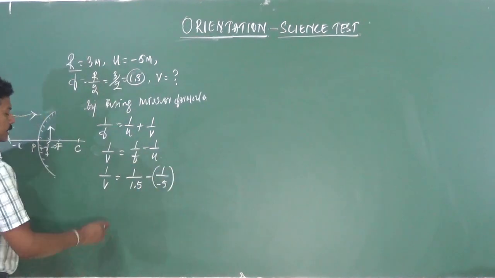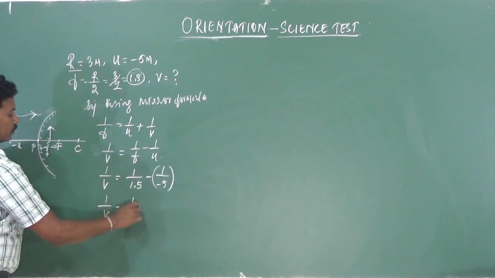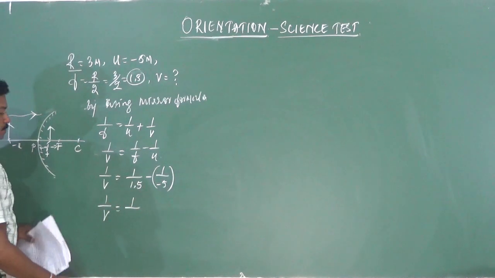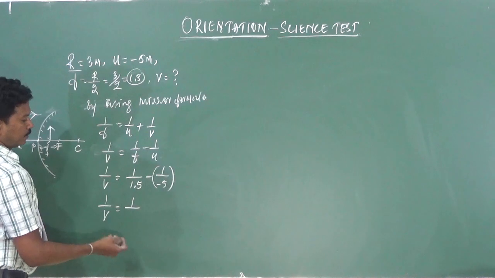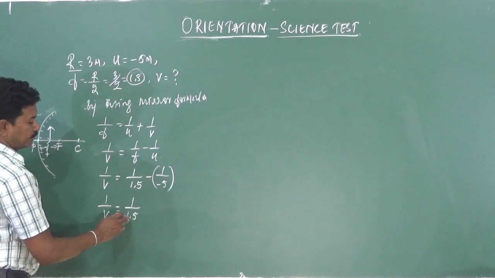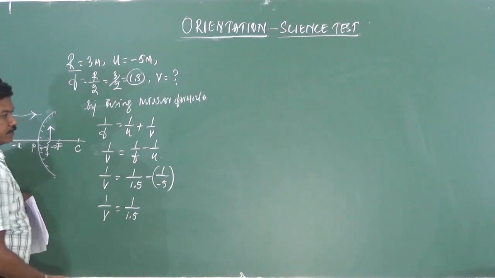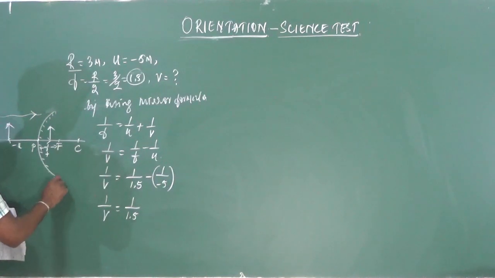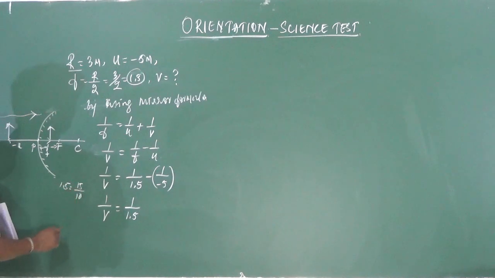So keep it inside brackets. So 1 by v is equal to 1 by 1.5, and 1.5 can be written as 15 by 10.